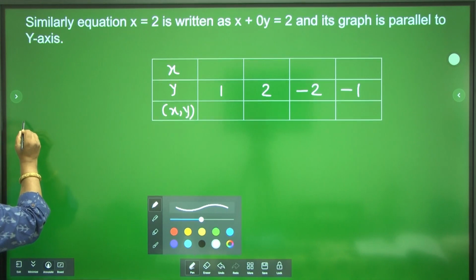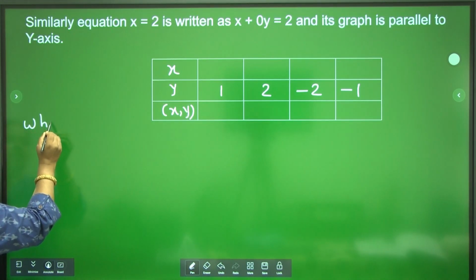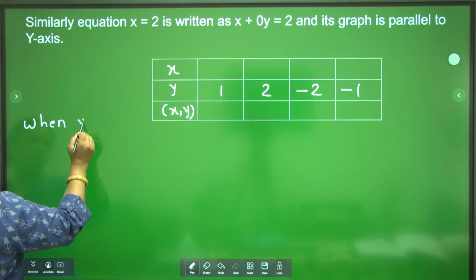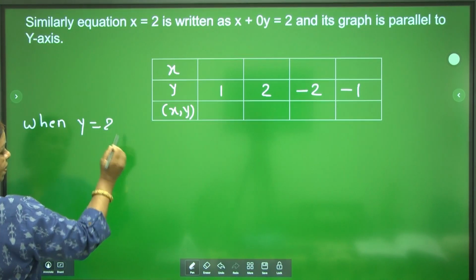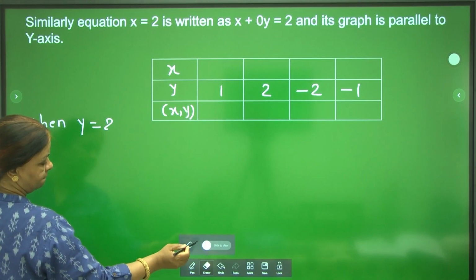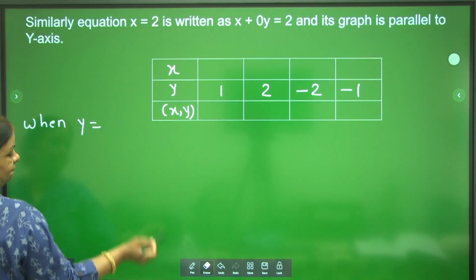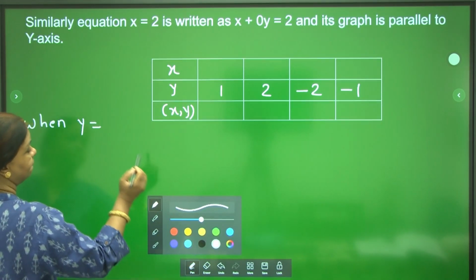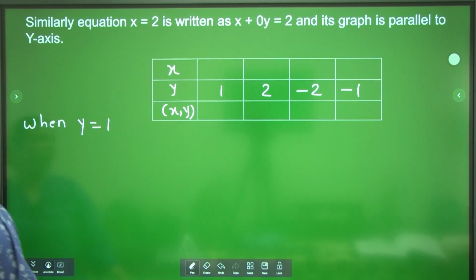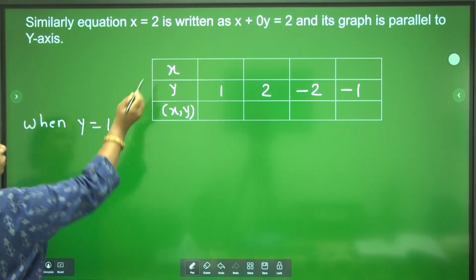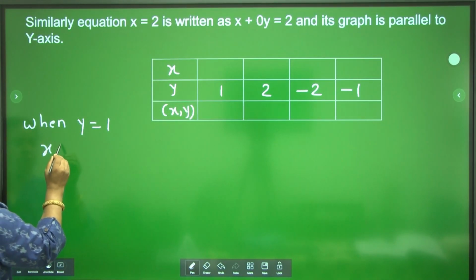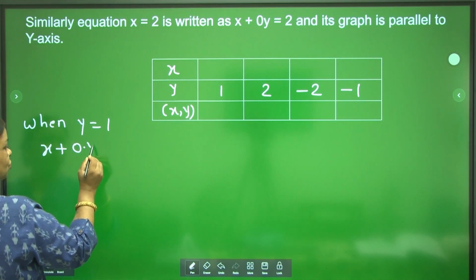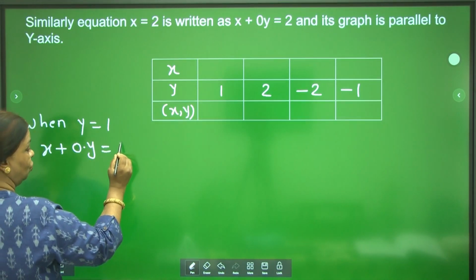So the first value is when y is equal to 1. To get the x value, take the equation x plus 0 into y is equal to 2.